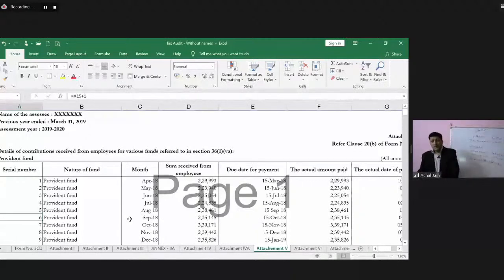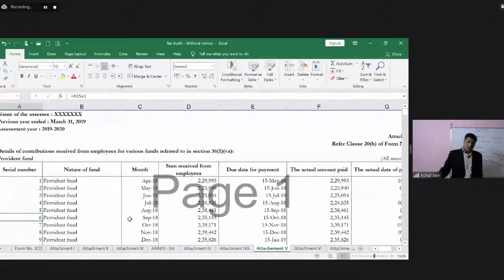Once this amount is captured, the next step will be to check what's the due date for payment of this contribution. The due date for payment of this contribution happens to be the 15th of the following month.